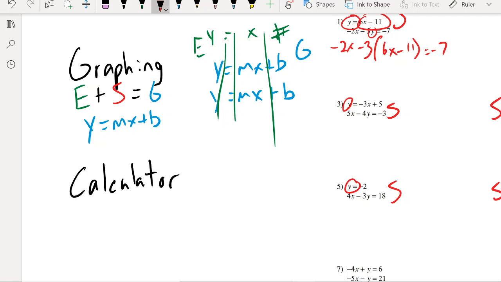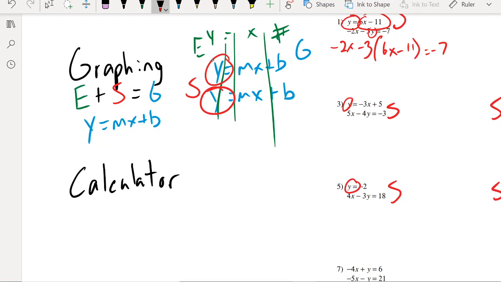And then of course for substitution, you want y equals, right? They're both y equals, so it would be great for substitution as well. So if it's good for graphing, that means it's good for either elimination or substitution as well. So basically, if you prefer graphing, you need to look for equations that are lined up and ready to solve, either x equals or y equals, and especially y equals mx plus b's.